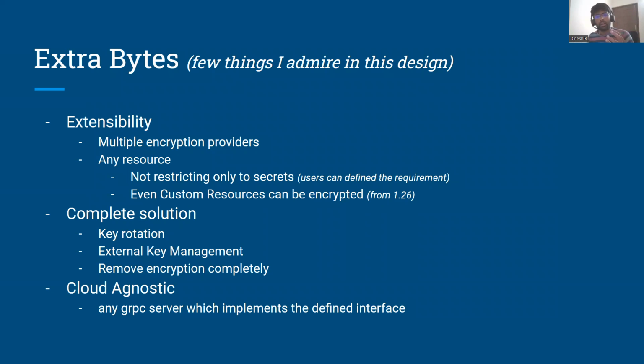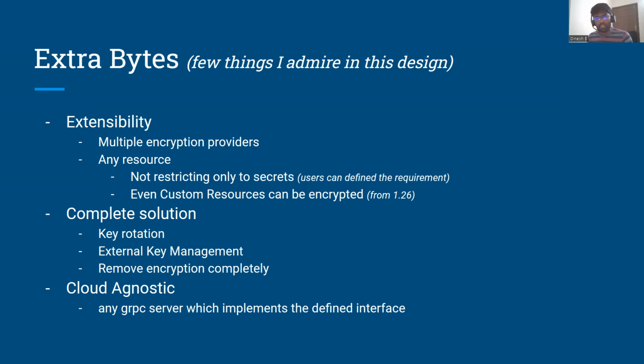For example, let's say we are using Google KMS and for some reason we want to go to Azure KMS. Then we can define our Azure KMS as the first thing and keep Google KMS as the second. Once we have migrated all the secrets from Google KMS to Azure KMS, we can get rid of Google KMS completely. So it's a complete solution.